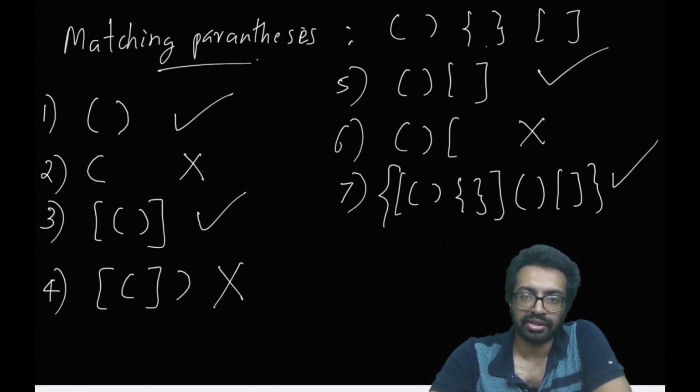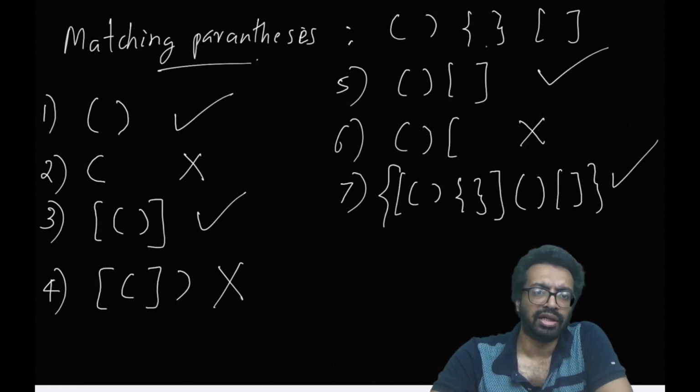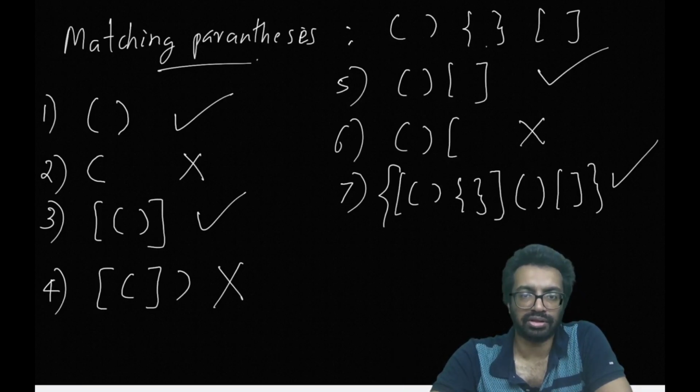I guess you understand what the examples of matching parentheses are, right? Now you are interested in writing an algorithm which takes in a string like this and says whether the parentheses are matched or not. That is, it's a tick or a cross. That's the function you are interested in.